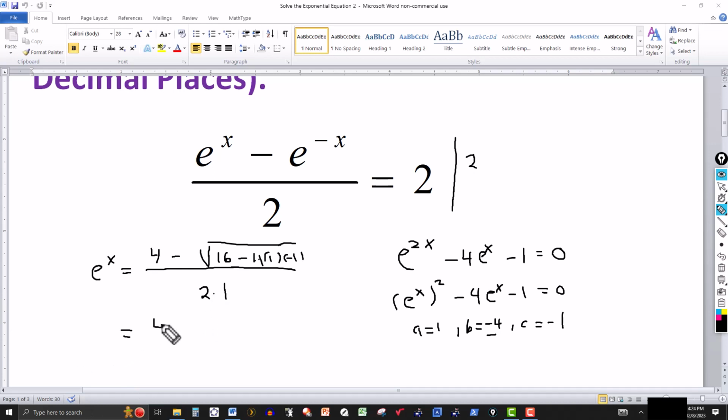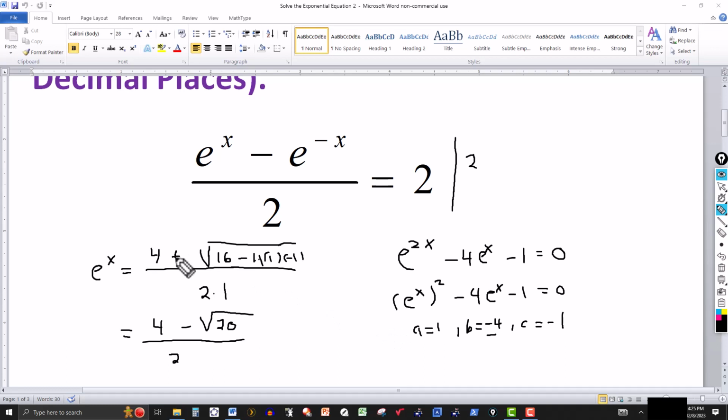So this will be 4 plus or minus the square root of 16 plus 4. That's 20. And that's over 2. Now we got all the simplification done.